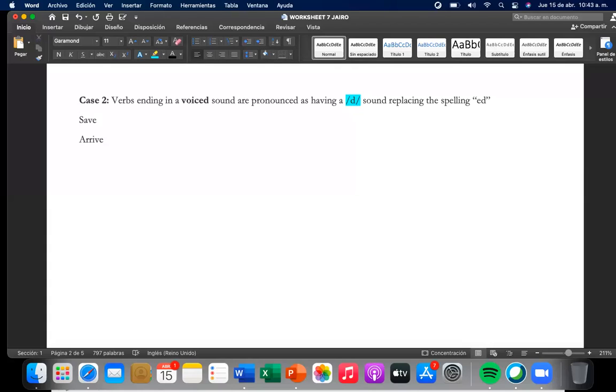If you have one of these examples or cases, you're going to produce or pronounce the past as having a d sound at the end, okay? D sound at the end. So, vamos a convertir estos verbos en pasado. Si hablamos de spelling, chicos, y de pronunciación, ¿cuál es el último sonido de este verbo? A ver, ¿quién me ayuda? Save. Ok, V. el último sonido.